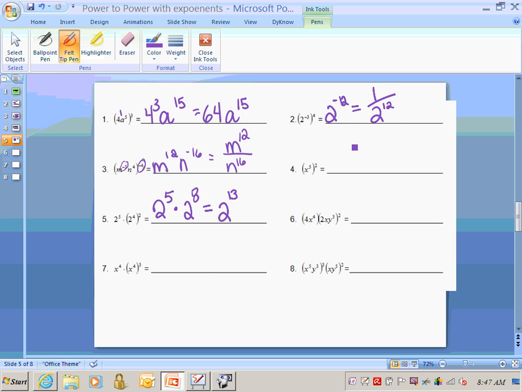Let's do number 8, it's a good one. Okay, on this I have what? X to the 15th, y to the 9th, x squared, y to the 10th. And we're multiplying everything, right? So now I've just got to combine like terms.